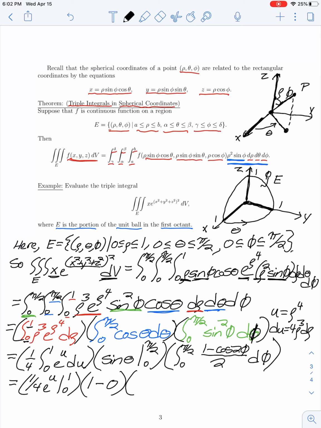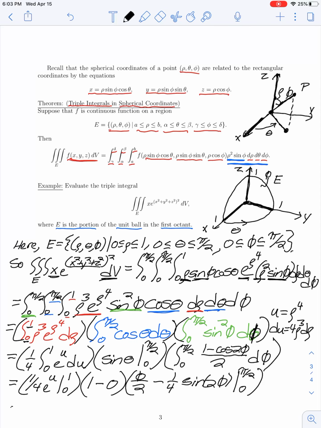And then the antiderivative for this last term, well, the constant 1/2 integrated with respect to phi gives us phi over 2, minus the antiderivative of half of cosine of 2 phi becomes 1/4 sine of 2 phi, which is being evaluated from 0 to pi over 2.